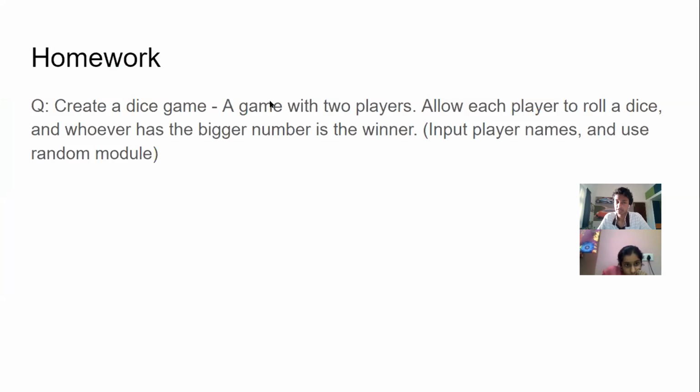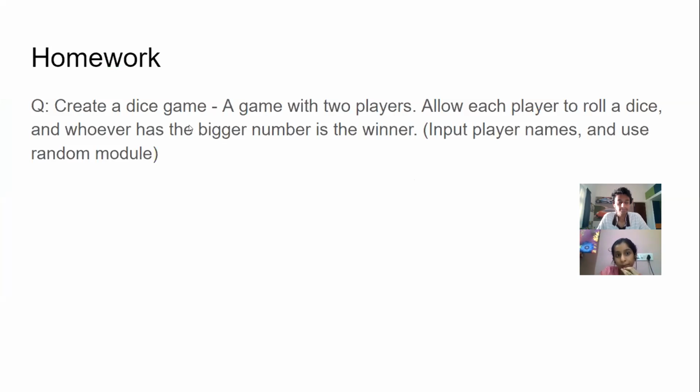Then you print player 1 wins or player 2 wins. Does this homework make sense? Okay, you can try it out right now for 5 minutes, see if you have any questions, and then you can take it as actual homework.